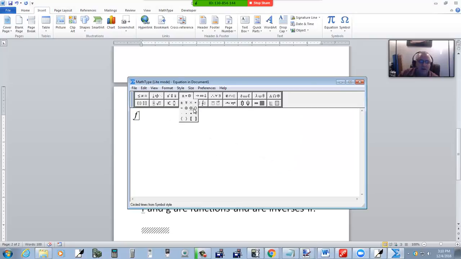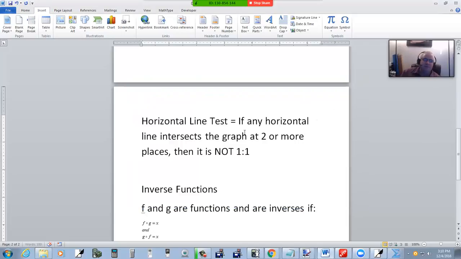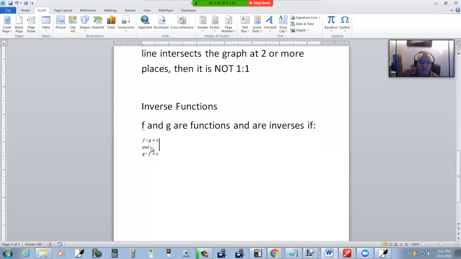If the composition of F and G is equal to X, and the composition of G and F is equal to X. So if that's true, that means they're inverse functions.